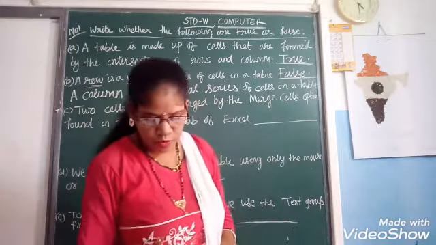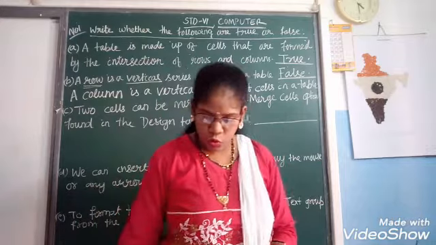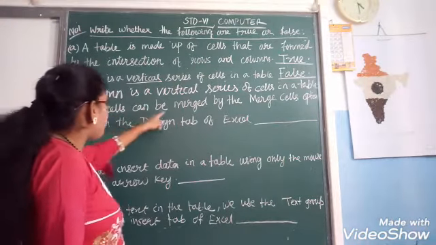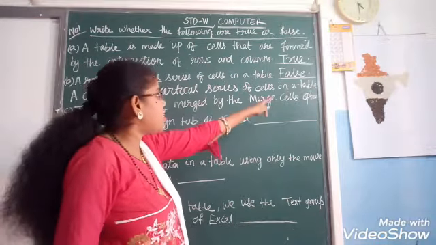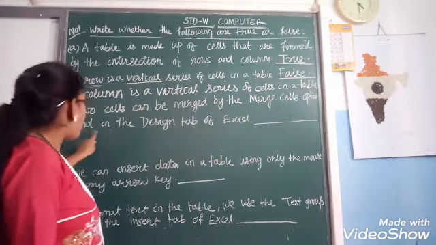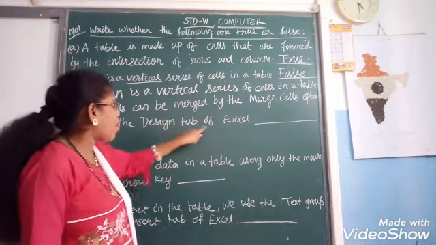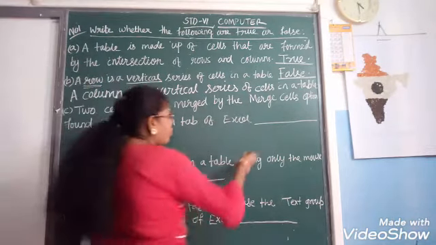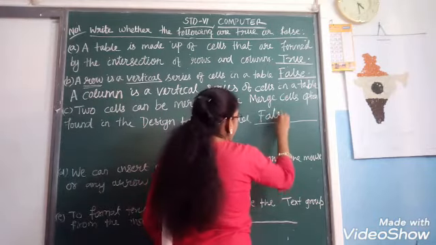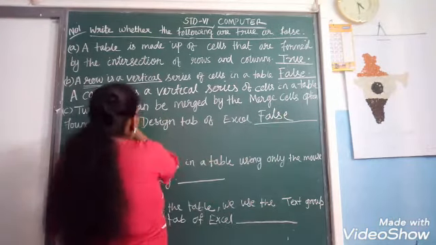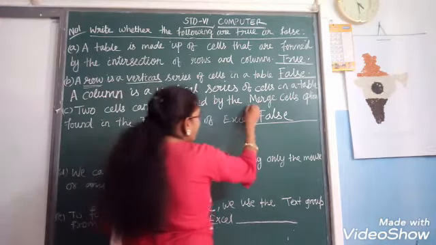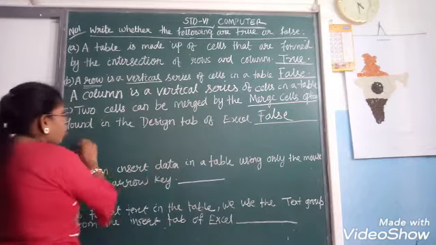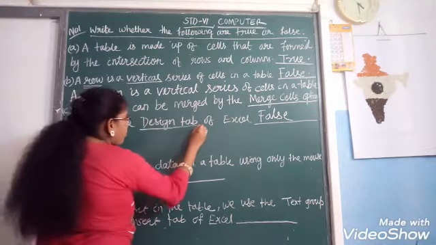Now come to the third one. Two cells can be merged by the merge cell option found in the design tab of Excel. So, it is false. Two cells can be merged by the merge cell option found in which tab?